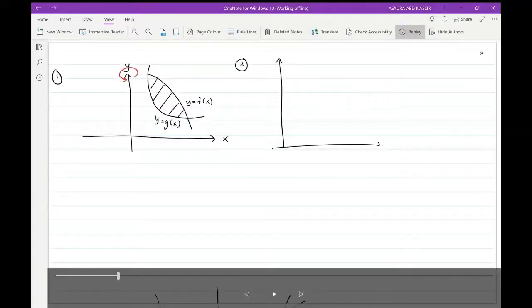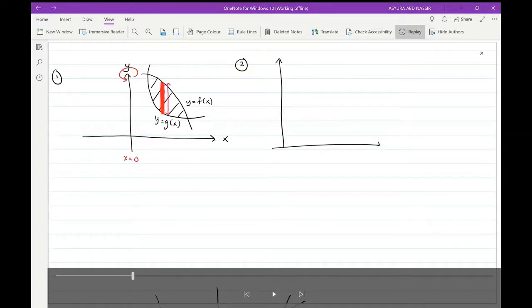Okay, now let's look at the diagram. For the first case, let's say we have two curves, y equals f(x) and y equals g(x), and the rotation line is the y-axis or parallel to the y-axis. So now let's see.